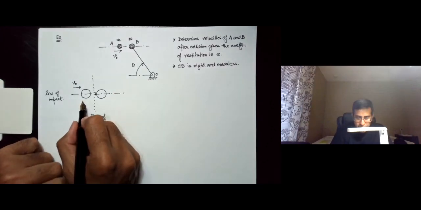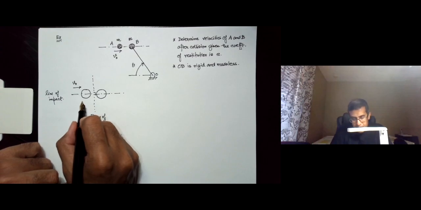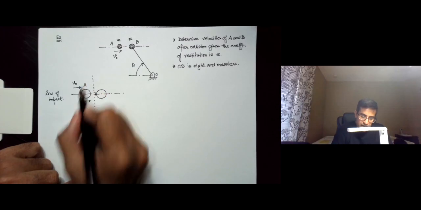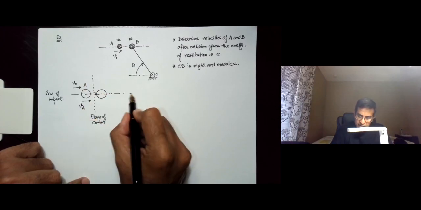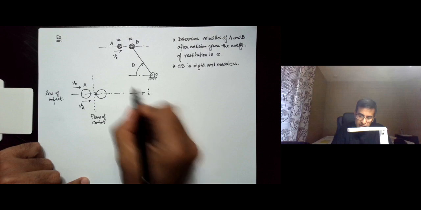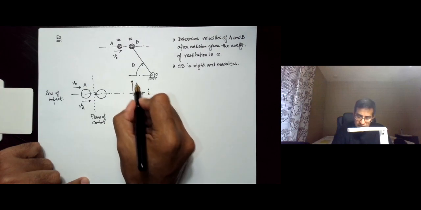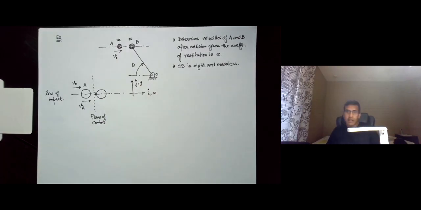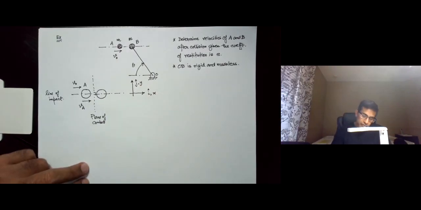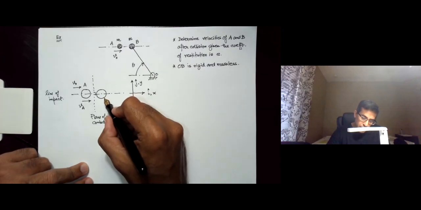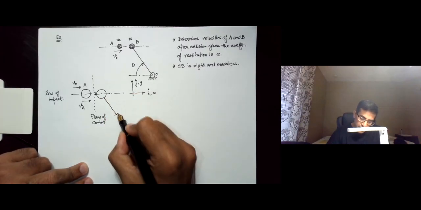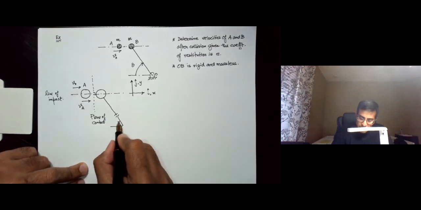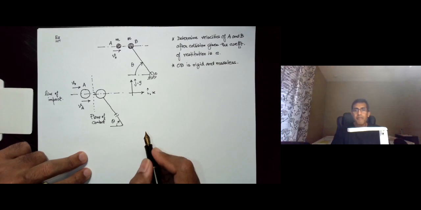Now, after the collision, let's say that the velocity of A is VA, and let us assume that this direction is I and this direction is J, or in other words, this is X and this is Y. I and J are the unit vectors along X and Y respectively. Now B is connected via a bar to the ground, making an angle theta.